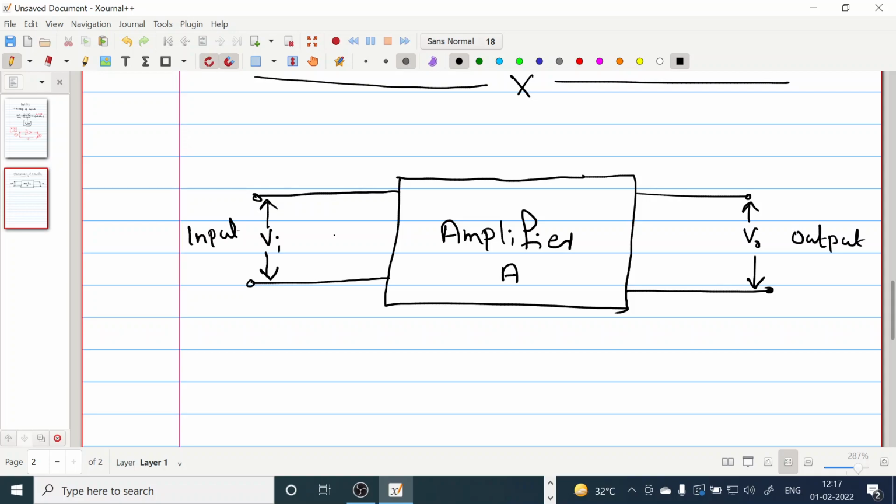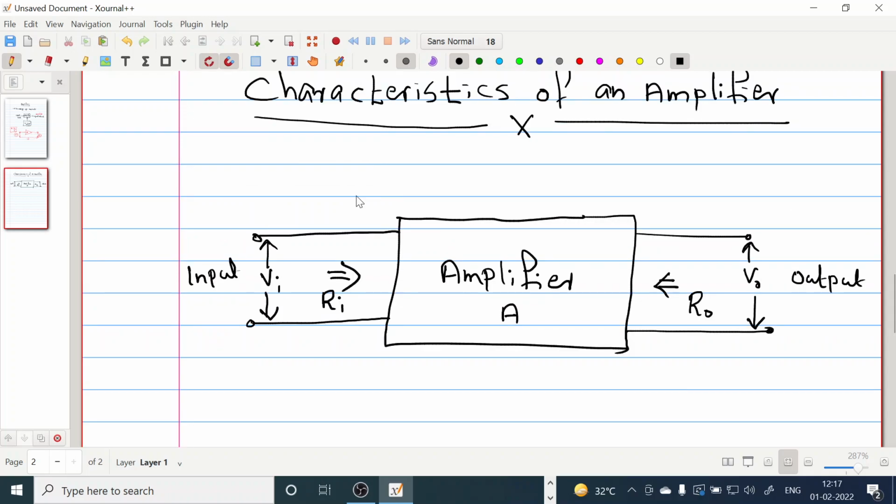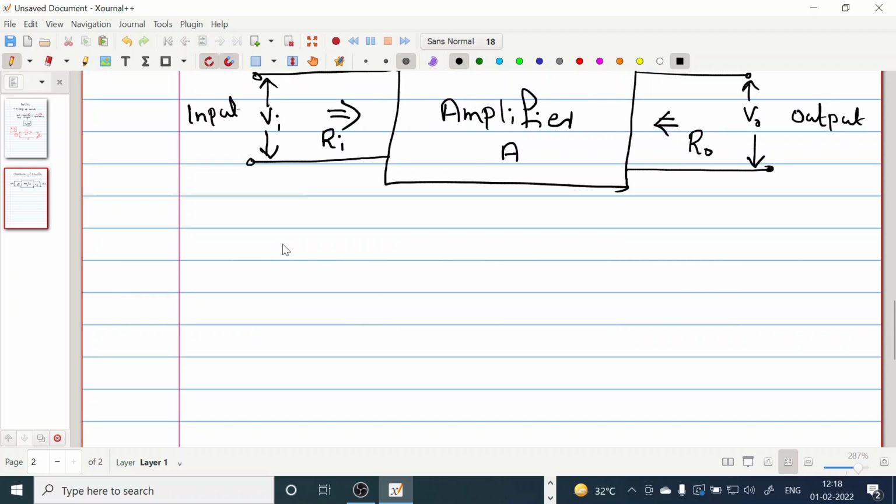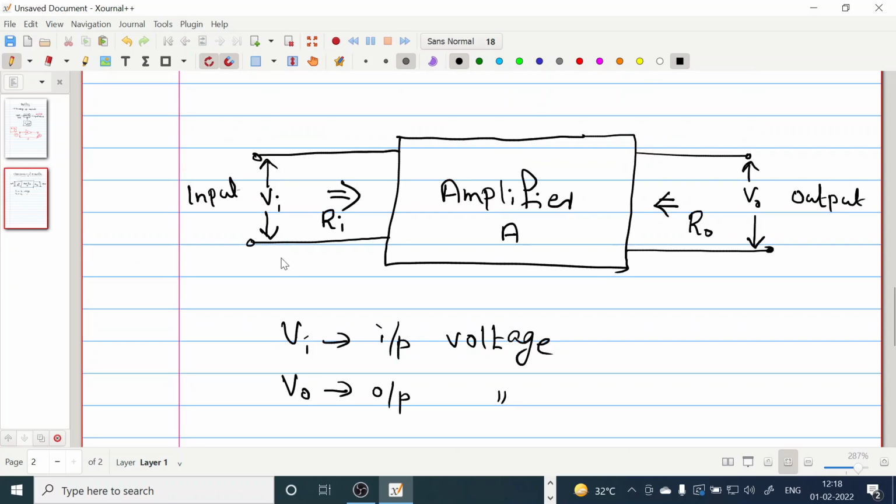Okay, so when we discuss the characteristics of an amplifier, we will consider this block as an amplifier with two input terminals and two output terminals. VI is the input voltage, VO is the output voltage, and here you have a current that you will indicate as II, and here another current that is IO.